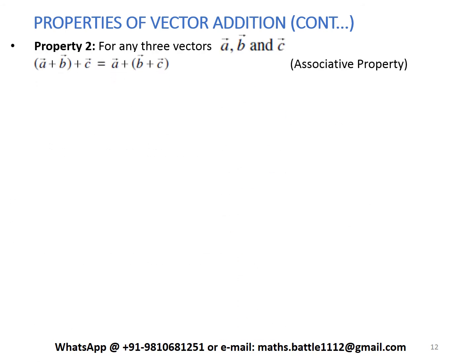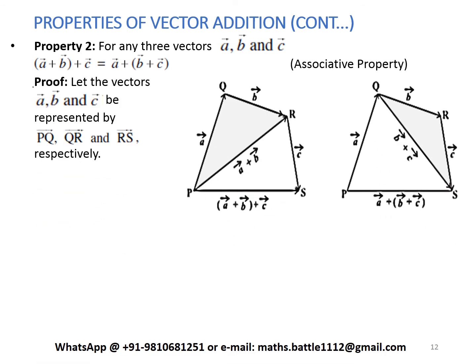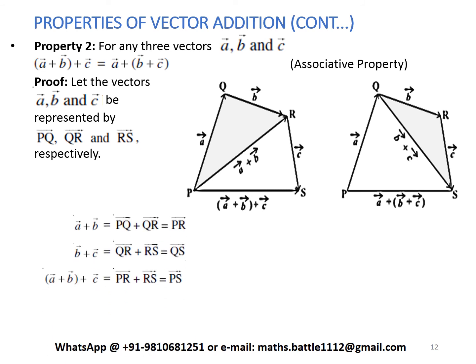The next property: for any three vectors A, B and C, (A plus B) plus C is equal to A plus (B plus C). This is the associative property. Let vectors A, B and C be represented by PQ, QR and RS respectively, as shown in the adjoining figure.